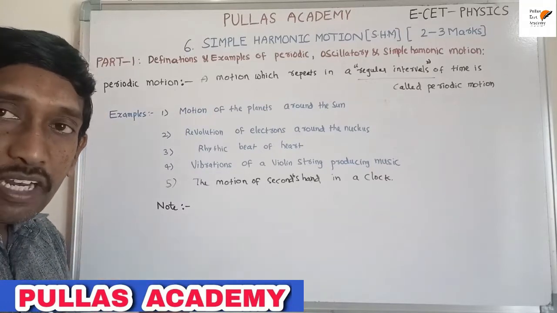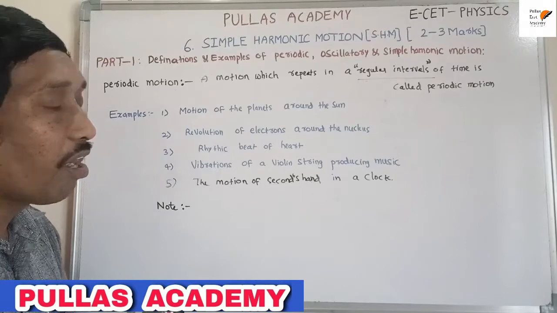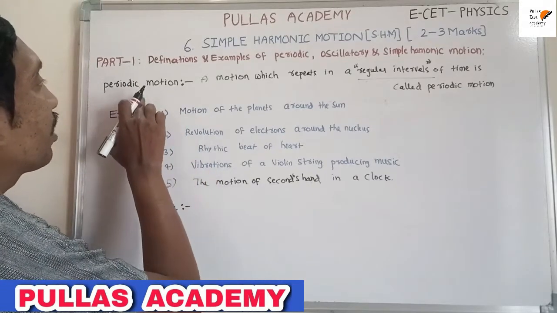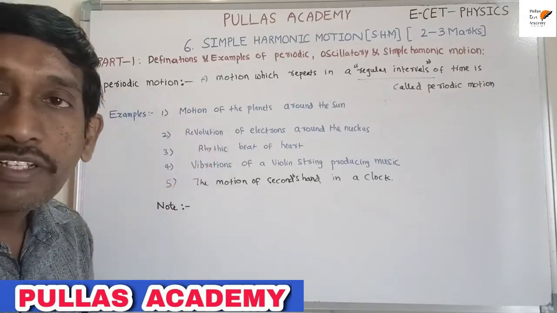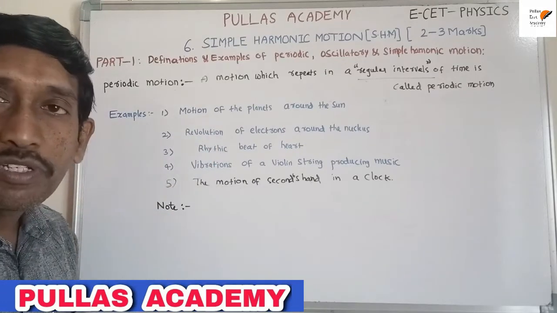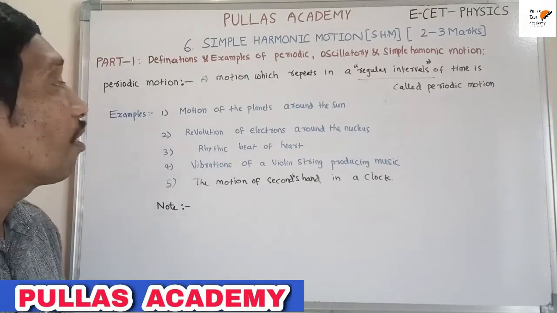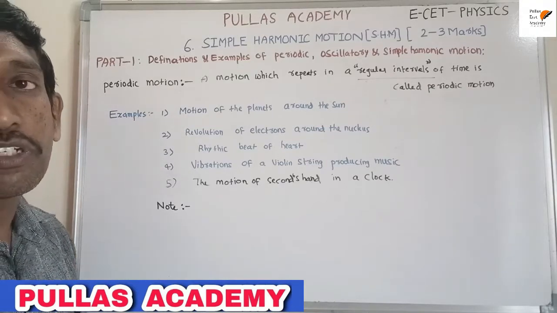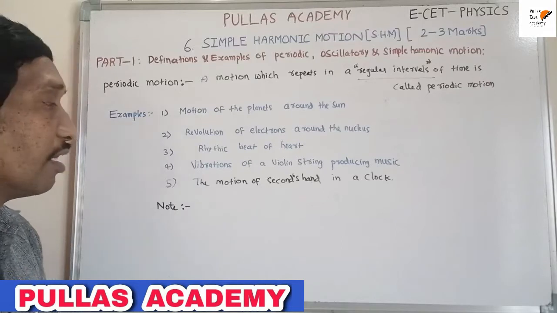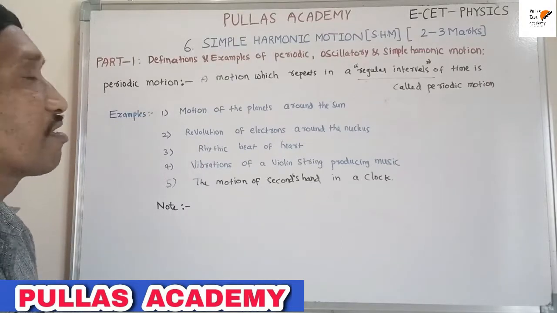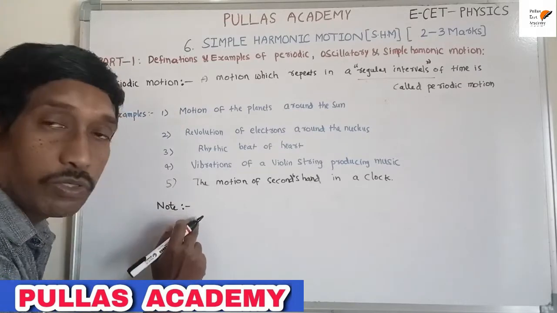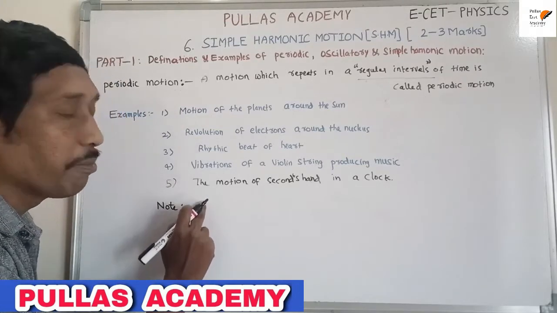That's why periodic motion is also called harmonic motion. Why is it called harmonic motion? Because this motion is represented by harmonic functions. So you have to recognize and remember this point.